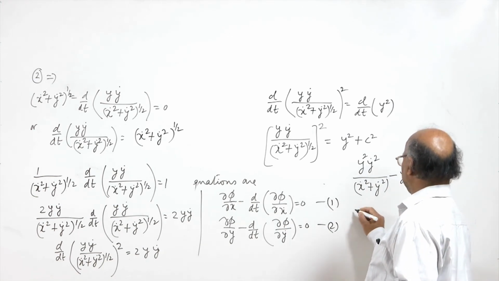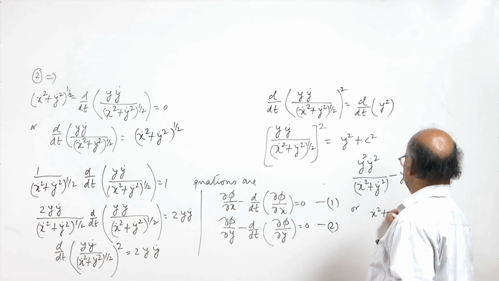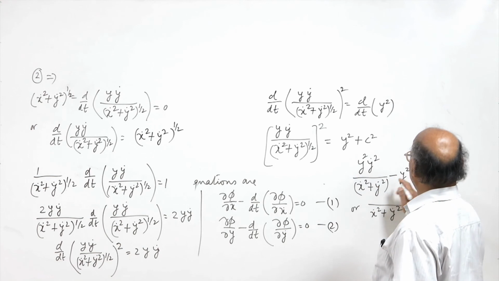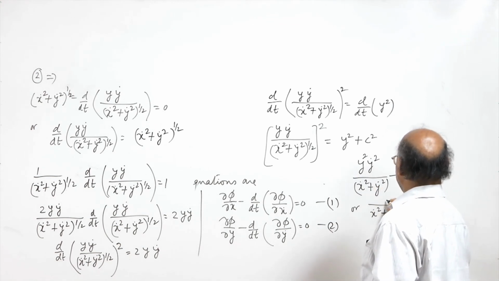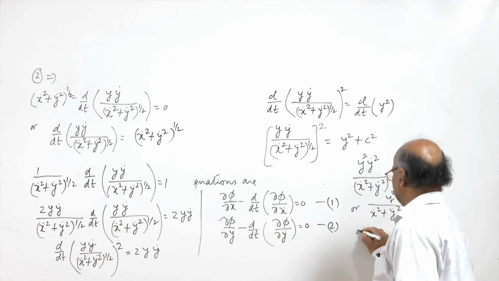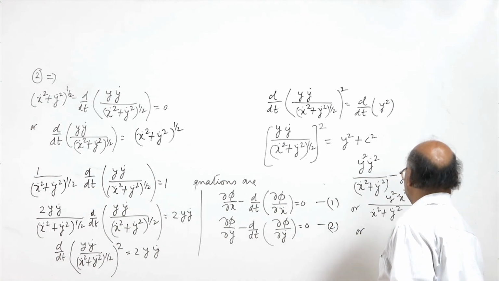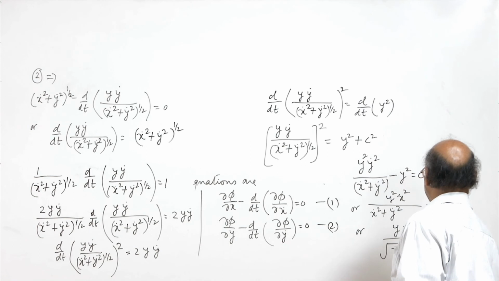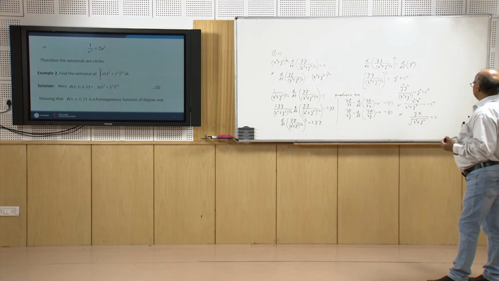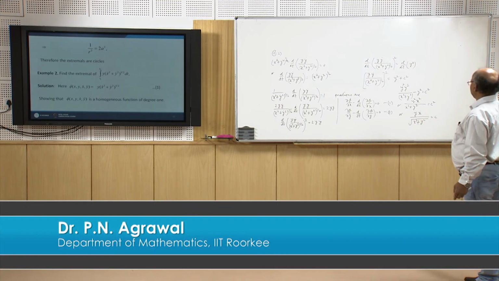So when we take LCM, y square y dot square will cancel and we will get x dot square y square... x dot square equal to c square, or we will take the square root and we will have y x dot upon square root of (x dot square plus y dot square) equal to c, and this is what we wanted: y x dot upon (x dot square plus y dot square) to the power half is equal to c.